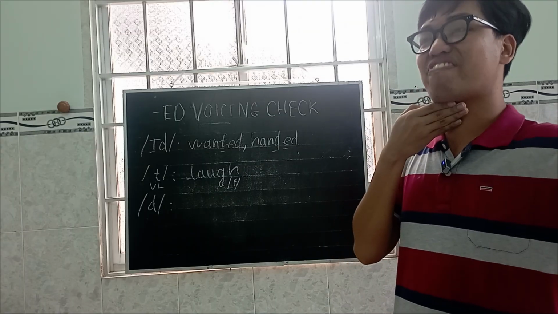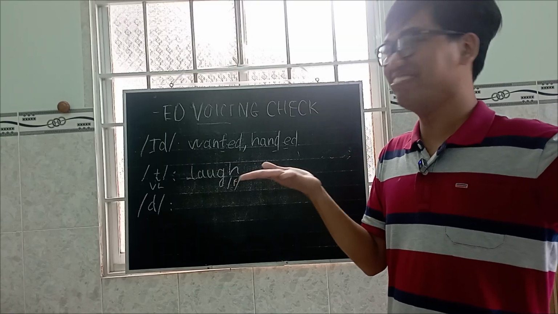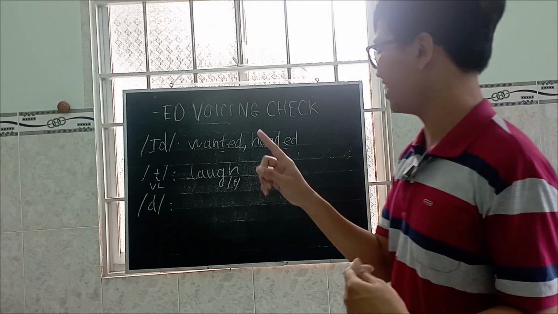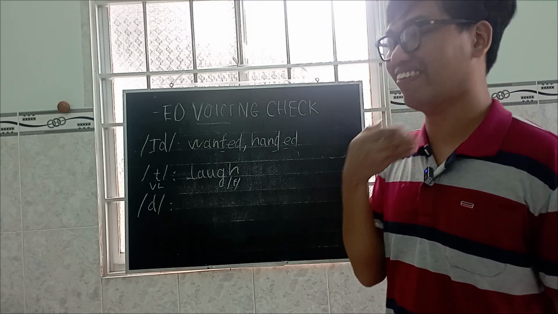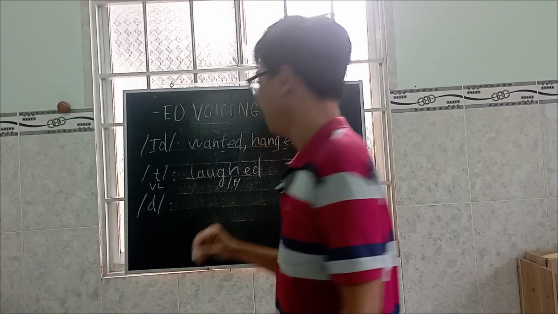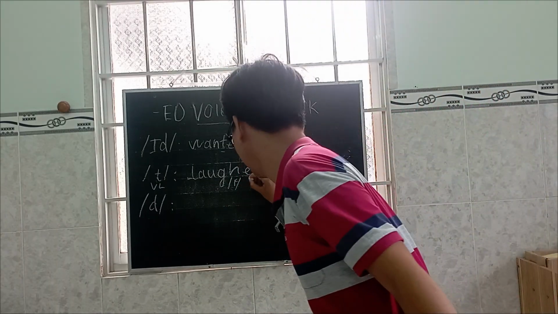Everyone. None. We can't feel any vibrations whatsoever. We'll say that is a voiceless sound. We add ed to that, which means we add another voiceless sound, which is t.